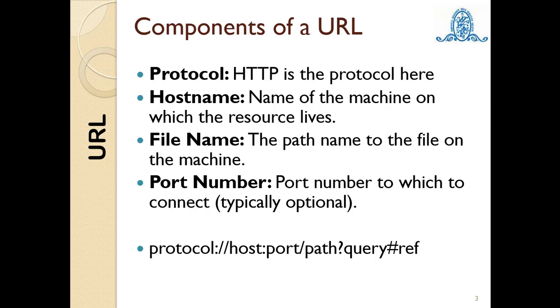Here you can see the example given in the form of these components as protocol://host:port/path?query. In this example, protocol, host and path are the mandatory components, whereas port number is the optional one.